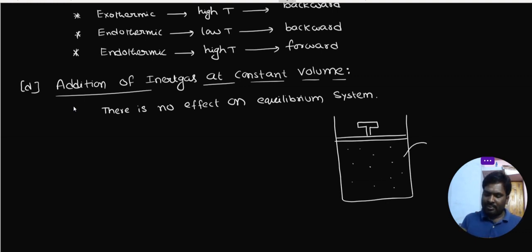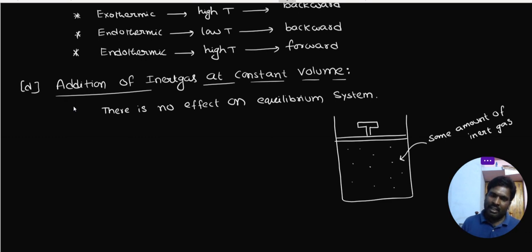To this equilibrium system, we are adding some amount of inert gas. Understood? Inert gas means helium, neon, argon; we can add inert gas.